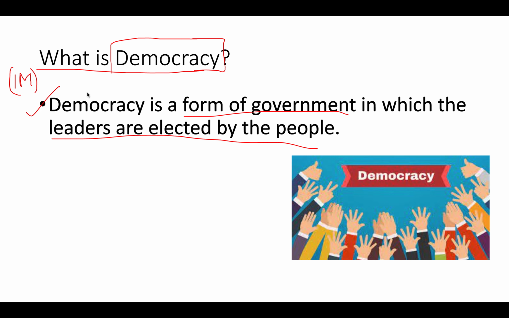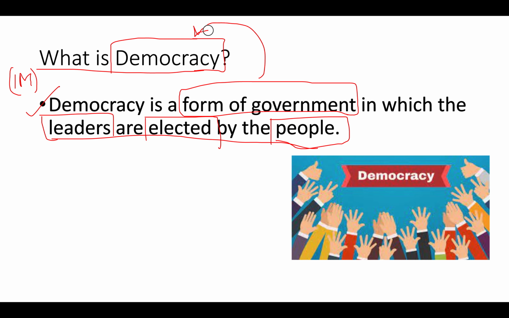Now I want you to emphasize certain words over here. Form of government is the first term. Leaders is the second term, elected is the third term, and people is the fourth term. These are the key pointers which make up our definition of democracy.